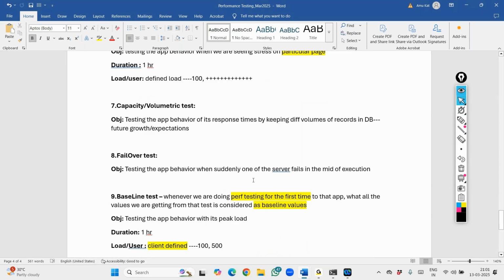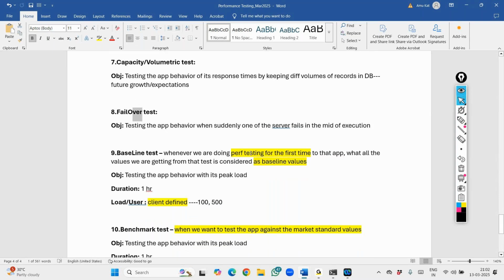If you are intentionally failing the server in the middle, then it is called failover. If you are running the test for the very first time and you don't have an idea about any values or metrics, then it is called baseline.